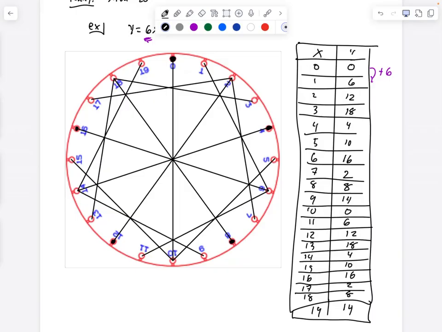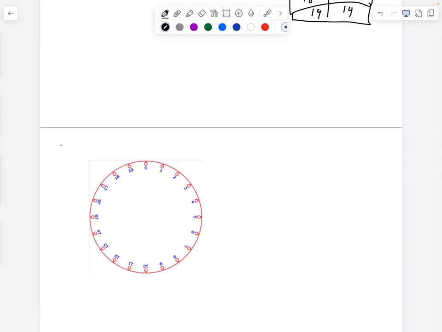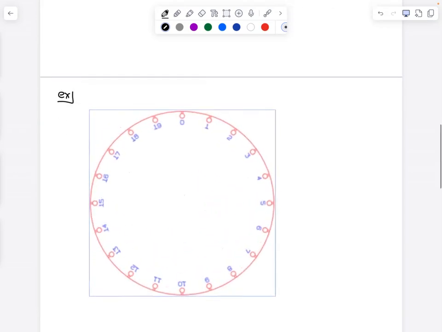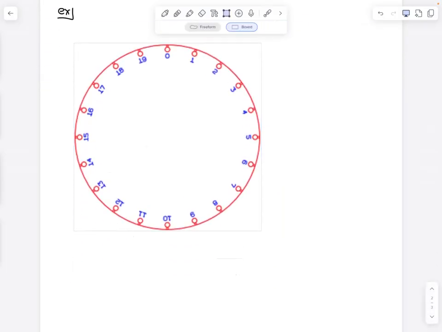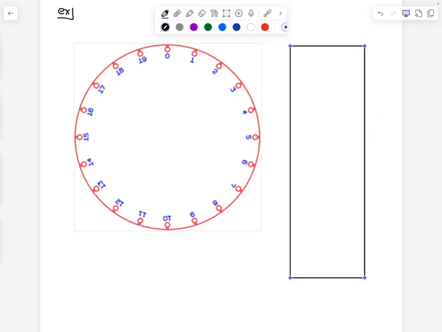All right, one more. X, Y, 0, 1, 2, 3, 4, 5, 6, 7, 8, 9, 10, 11, 12, 13, 14, 15, 16, 17, 18, 19.